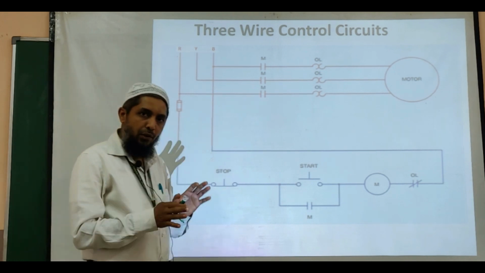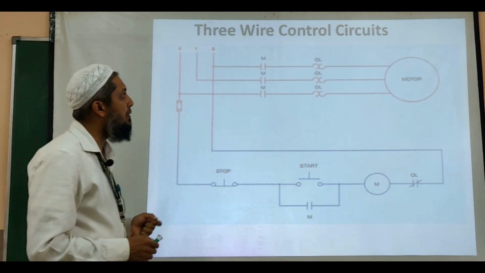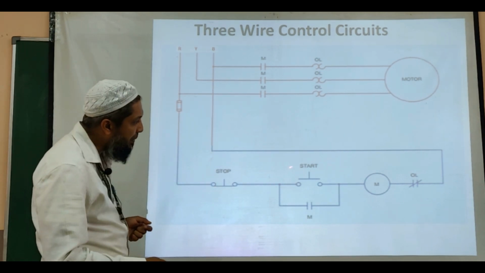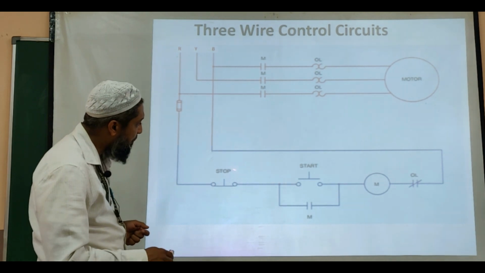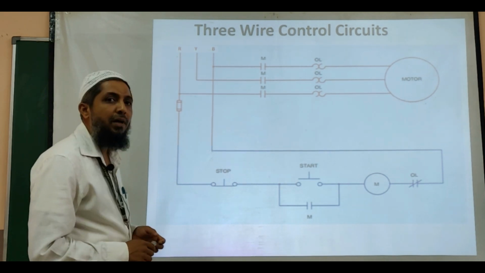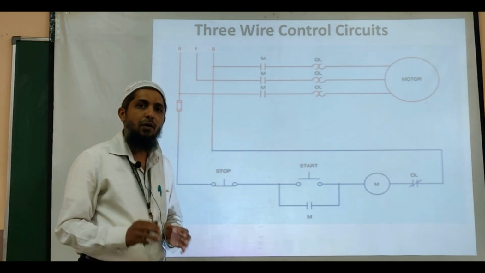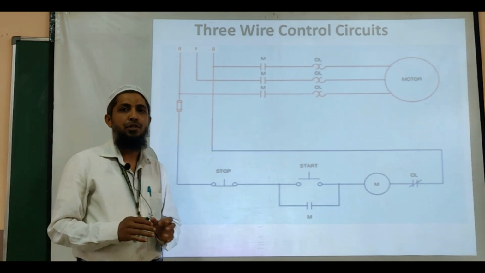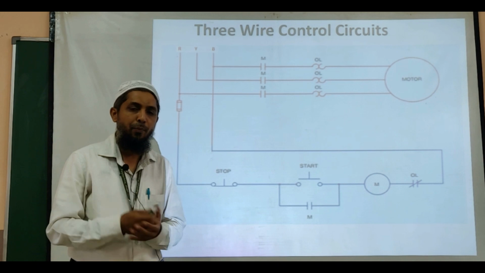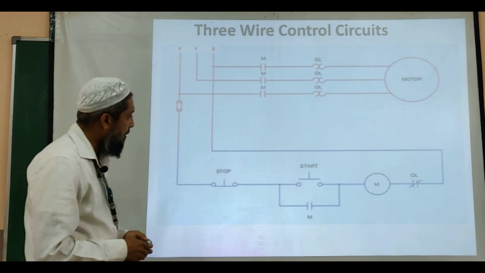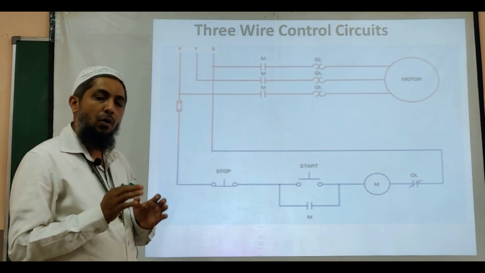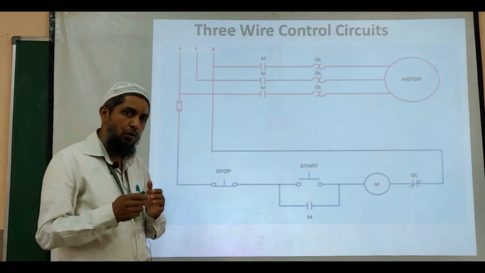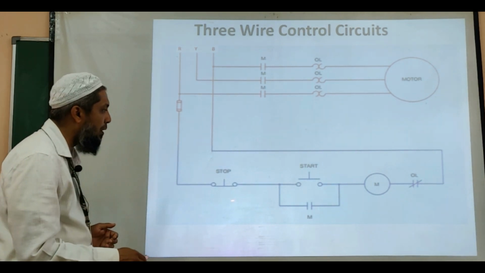So the main difference between 2-wire control circuit and 3-wire control circuit is the presence of momentary contacts. So what is a momentary contact? A momentary contact is either in a closed position or in an open position. The contact which is in the closed position is called the NC contact.